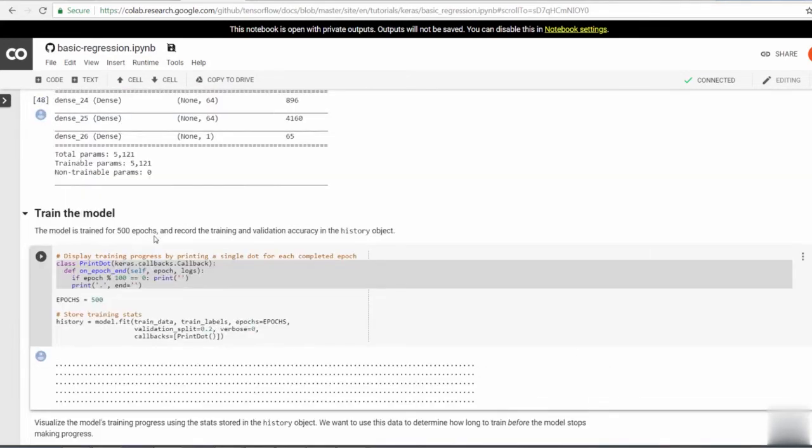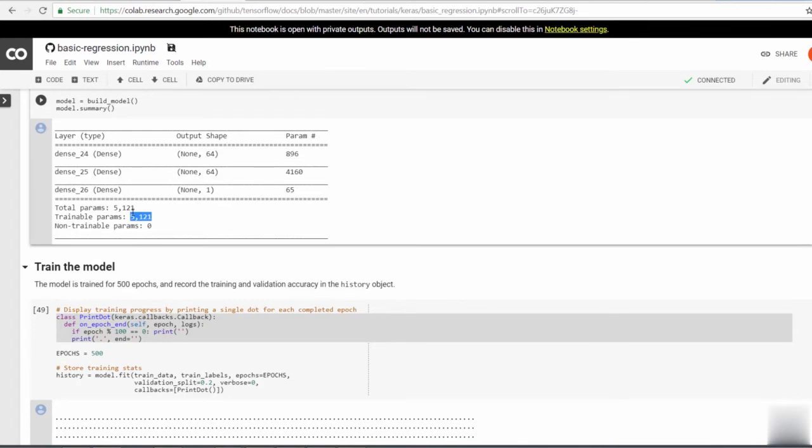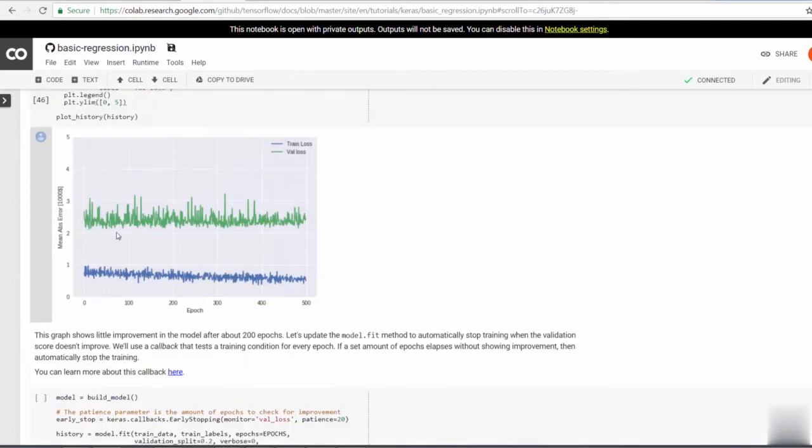It's significantly shallow in terms of parameters as well. In the previous experiment, we had 72,000 parameters. Now we only have 5,000 parameters. So obviously, by increasing the number of parameters, you increase the bandwidth, or the capability of your network to learn more features. So let's go ahead and run this now.